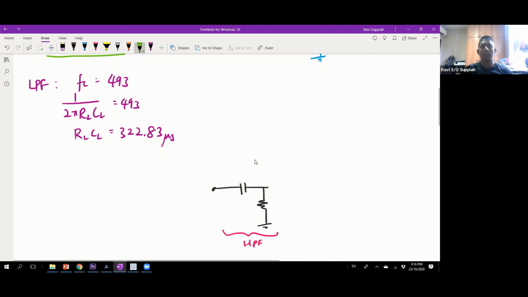Then we connect to another resistor and capacitor, and this is the low pass filter. In the last tutorial, we talked about the loading effect. This is the R for the H, and this is the R for the L. In order for us to minimize the loading effect, what we said is RL must be a lot bigger than RH.